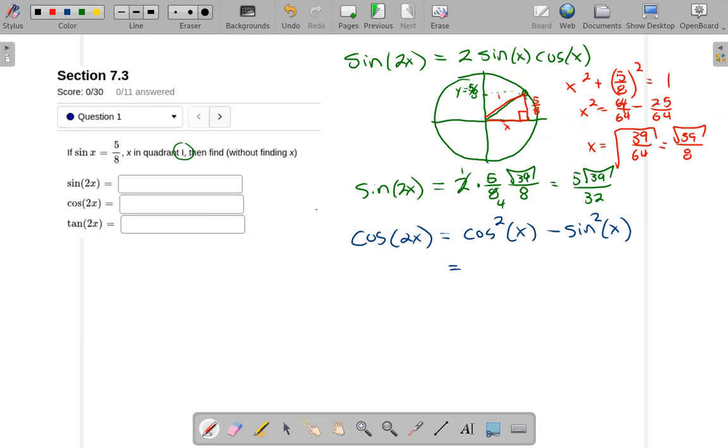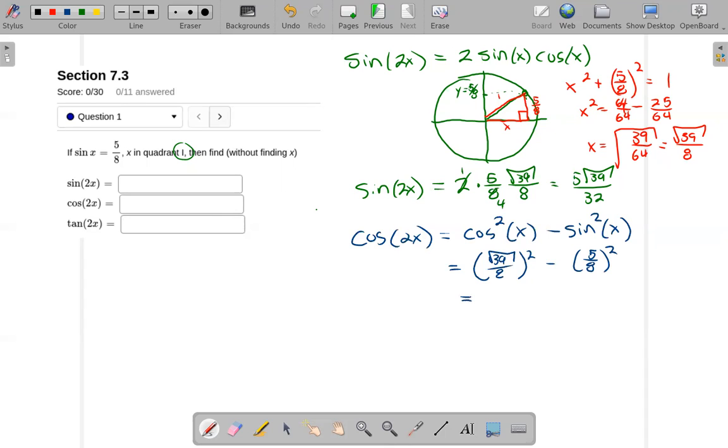Cosine of x is that square root of 39 over 8, but I want to square it. And then the sine is the 5/8, so parentheses 5/8 squared.